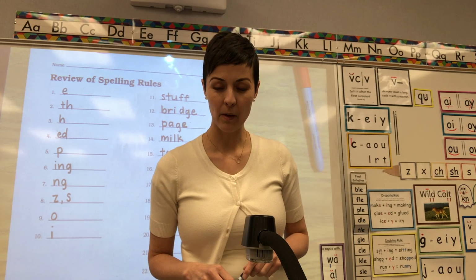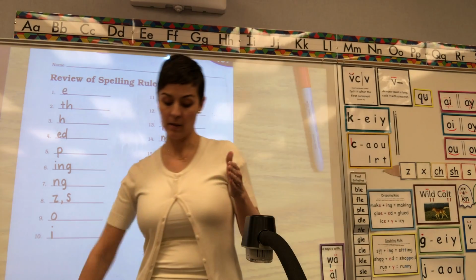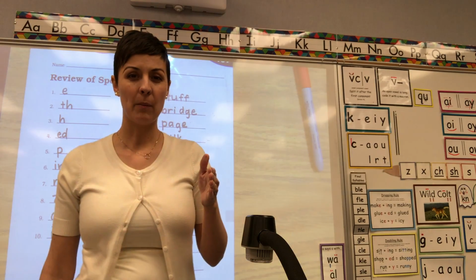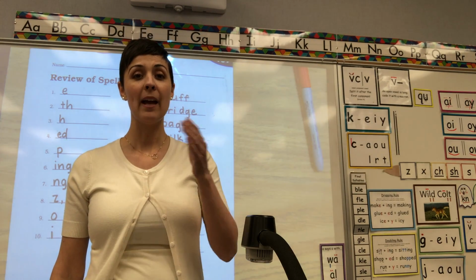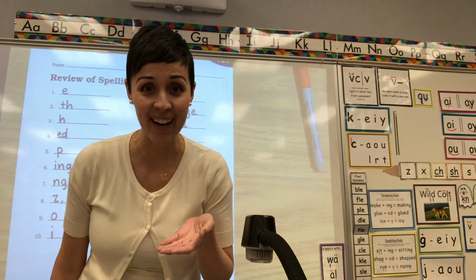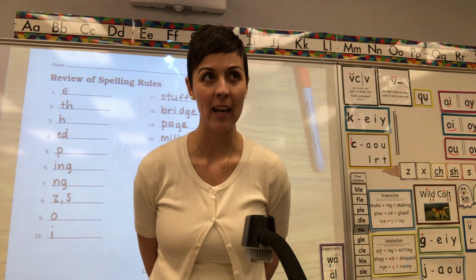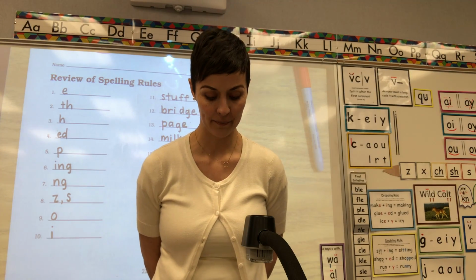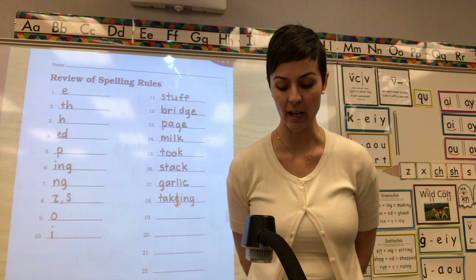Oh, this is a tricky one, but we're going to try it anyway. Get your chopper out and tell me the root word and suffix in careless. Ready? Careless. Root word care. Listen for that vowel A sound in the middle. What makes your A say A-A-A in root word care?